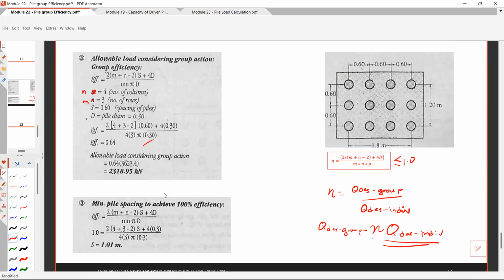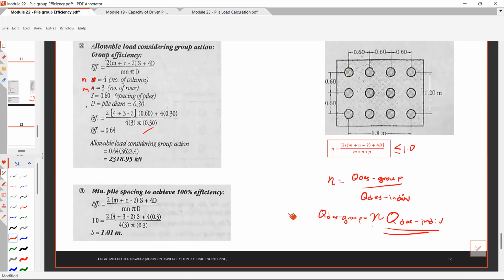And the last question is, what is the minimum pile spacing to achieve 100% efficiency? To achieve 100% efficiency, basically use this equation and find the spacing S. So efficiency is equal to 2m plus n minus 2 times S plus 4d over m n pi d.